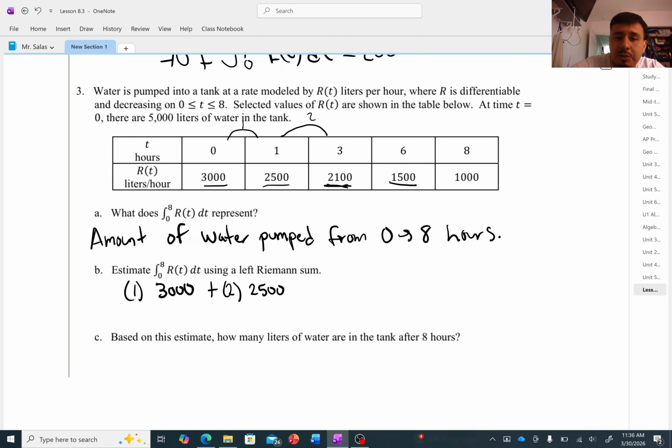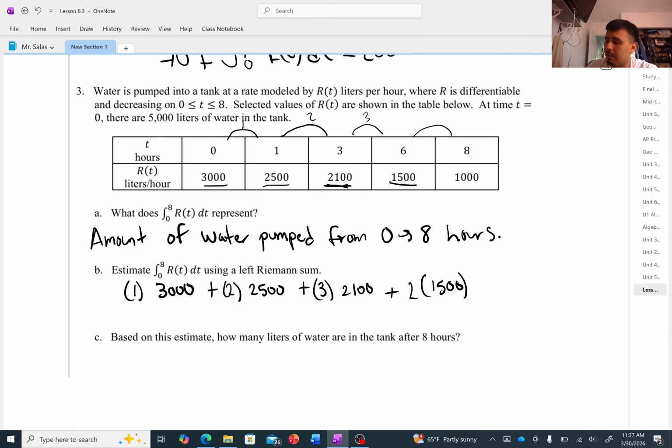So the next one, guess what it's going to be? Plus 3 times 2,100. Again, the distance between here and here is 3. Plus the distance between here and here, that's 2. So it's going to be 2 times 1,500. Boom.